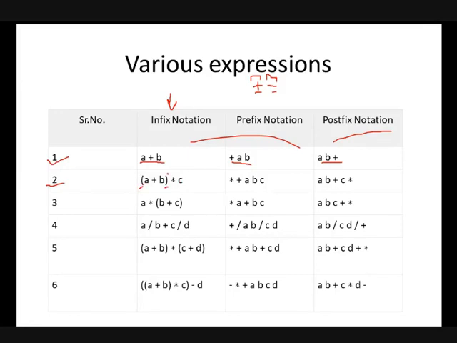Whenever you have parentheses in the expression, their precedence is highest, so you need to compute the parenthesized expression first. Here we will compute a plus b first in the given parentheses, and then remove the parentheses from the expression and apply the multiplication operator. If I write a plus b in prefix, what should I write? I should write plus ab.